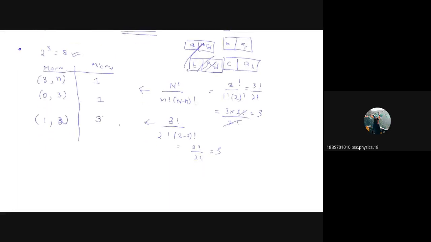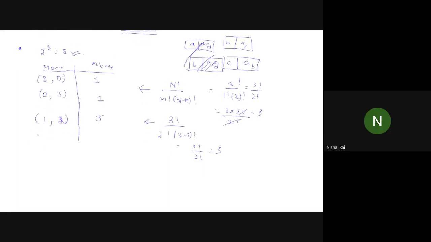So 2, 1 will also exactly give you 3. And apart from this, what other distributions are possible? That's it, I believe. So the total number of microstates will be 8. The total number of macrostates will be 4. Clear? Which you got exactly over here.